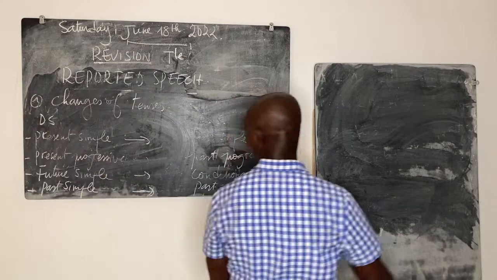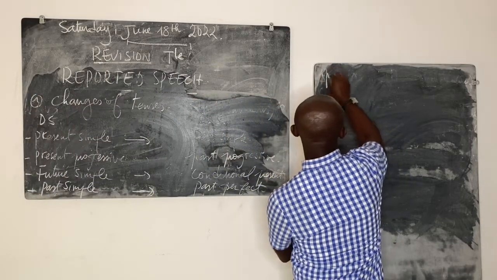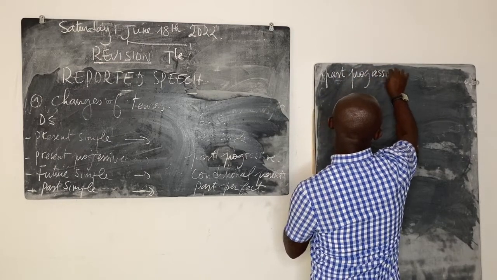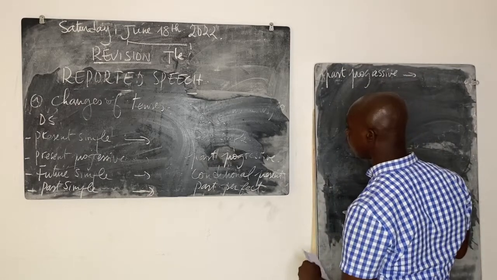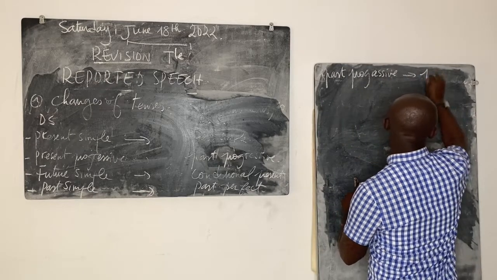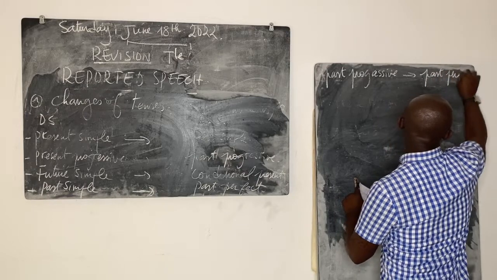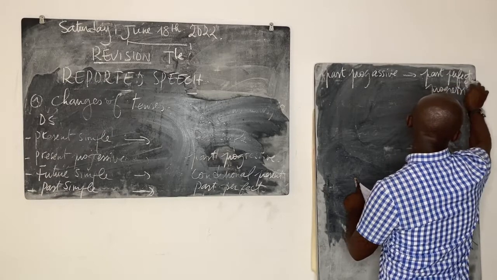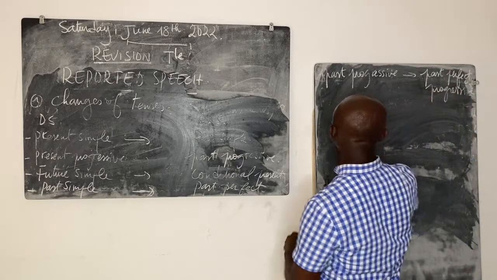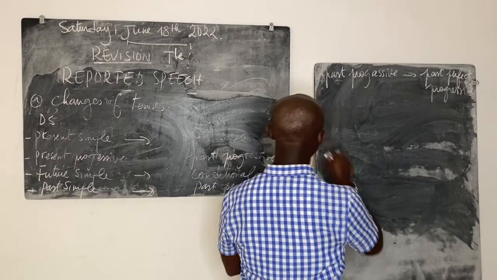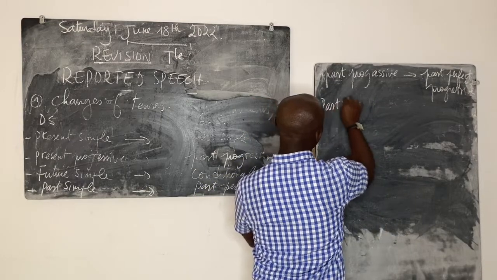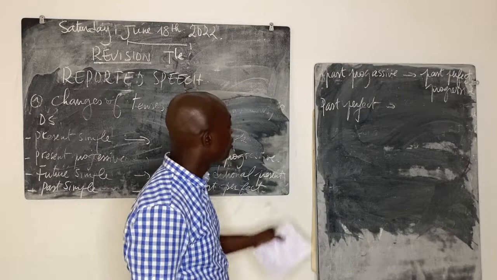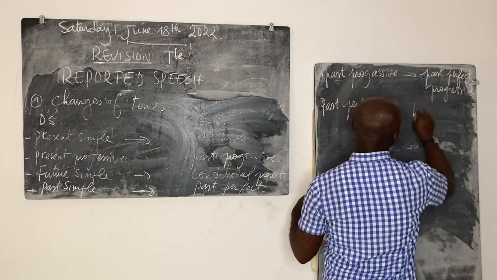When you have past progressive in direct speech, in the reported speech, we're going to have past perfect progressive. And when you have past perfect, automatically we have also past perfect.